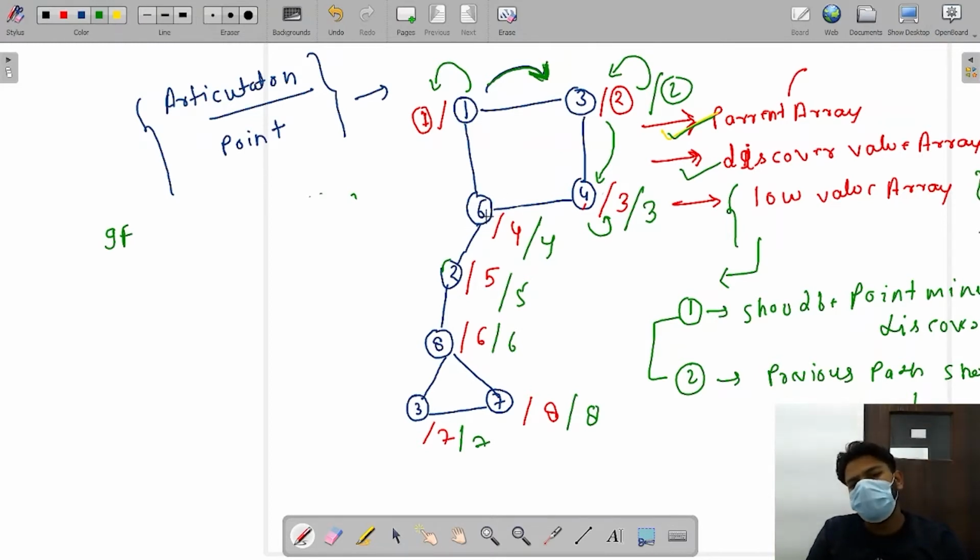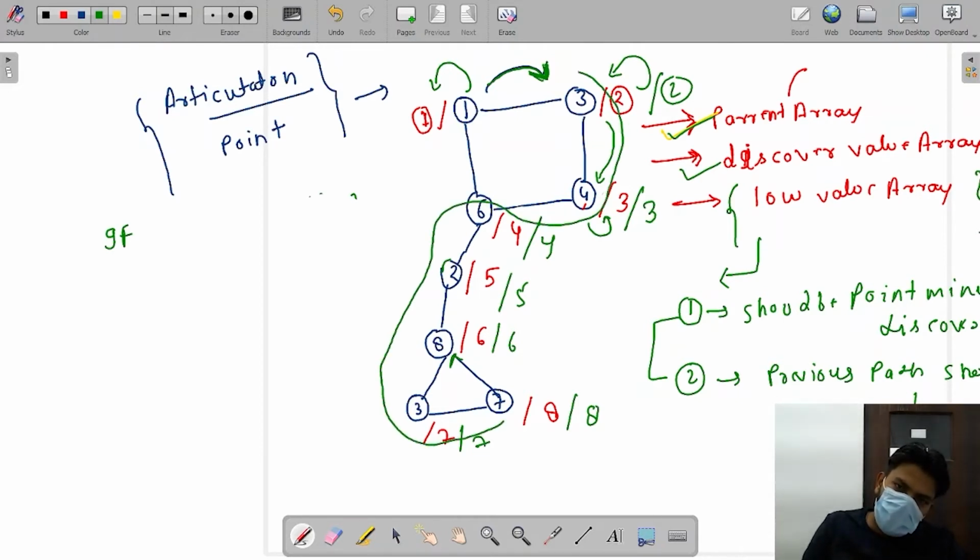How many neighbors does 7 have? 7 has 2 neighbors, 3 and 8. But 3 is the parent of 7. So at the stage of finding the low value, we have to ignore this path.